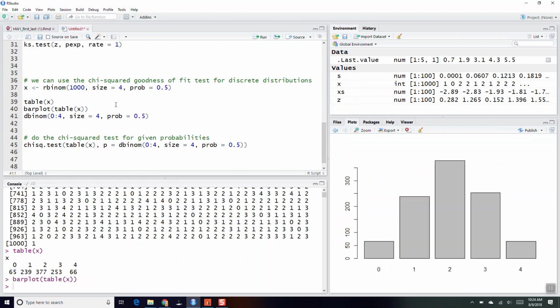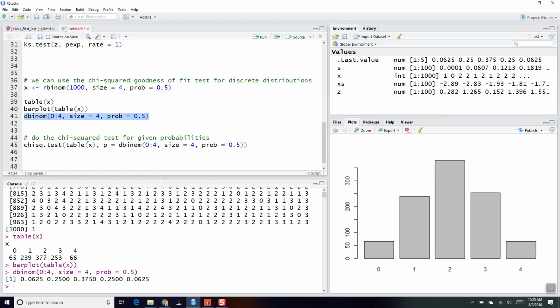Then you can do a bar plot, and this will show you what we have. dbinom gives the theoretic probabilities, and we want to compare our results in the table versus these theoretic probabilities. The chi-squared test can do this, but you have to specify p equals, the probabilities we're expecting, equal to these theoretic probabilities.